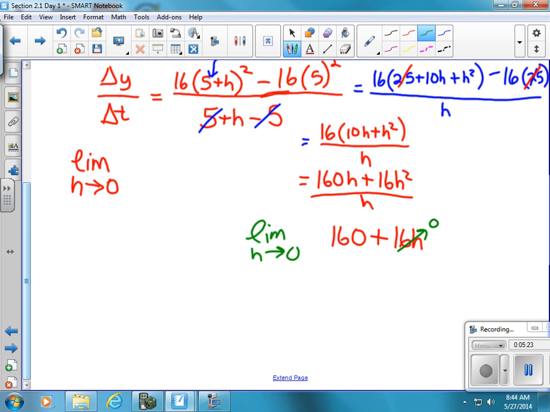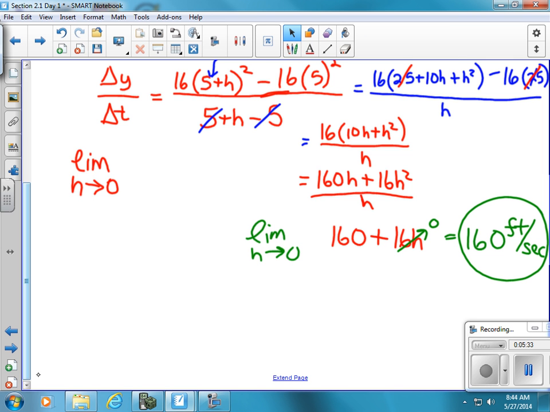When h goes to 0, that term will go to 0, and we're left with 160 feet per second. That's the instantaneous speed at t equals 5, compared with the average speed from 0 to 5.